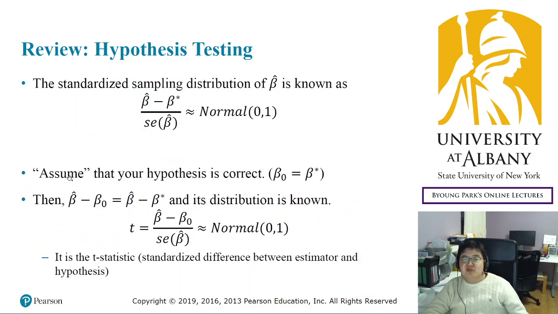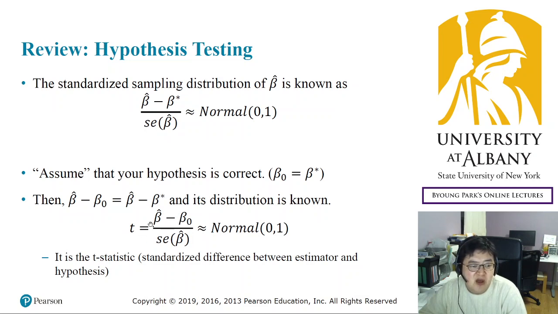So there is no evidence to study this. So we are going to assume, for now, that your hypothesis is correct. So there is no difference generated from the second one. Then the difference between your estimator and your hypothesis is only from the estimation error. And because your hypothesis is correct, as you assumed, we are going to define the t-statistic in this way.